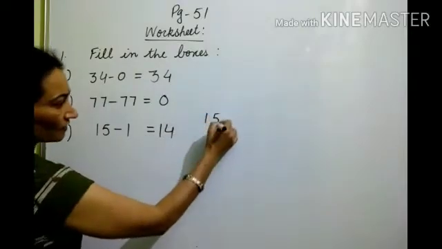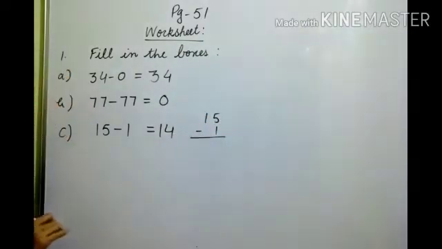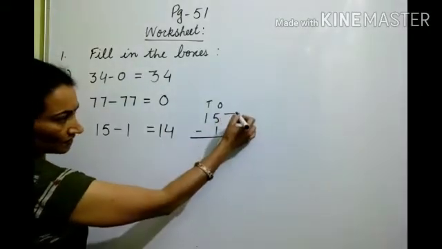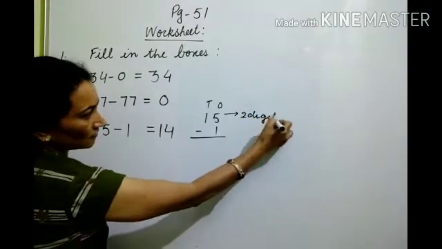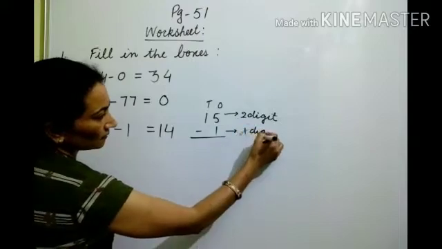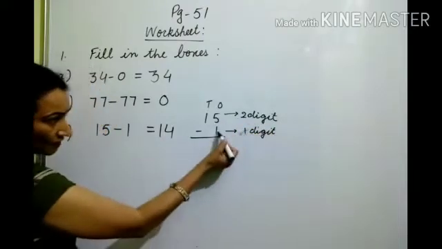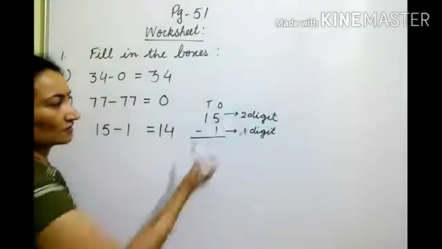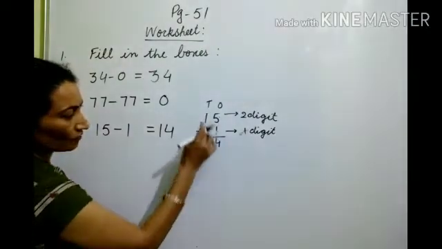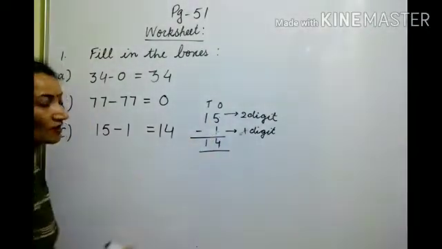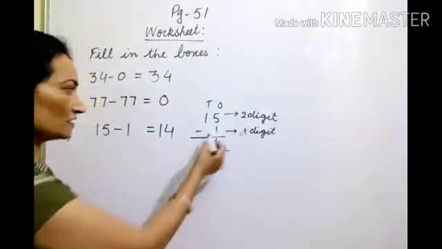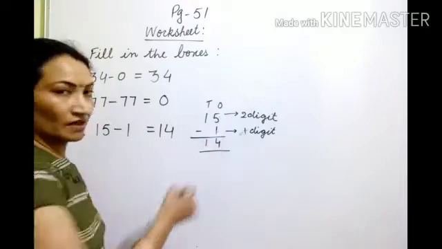Or we can do it by arranging in columns: this is a 2-digit number and this is a 1-digit number. The 1-digit number we will write in the ones place, and then we will subtract. 5 minus 1 is 4. The 1 remains the same as we have nothing to subtract in the tens place of the second number.